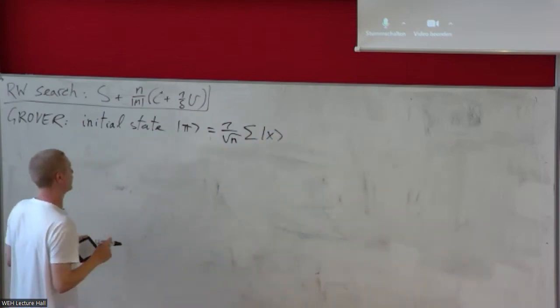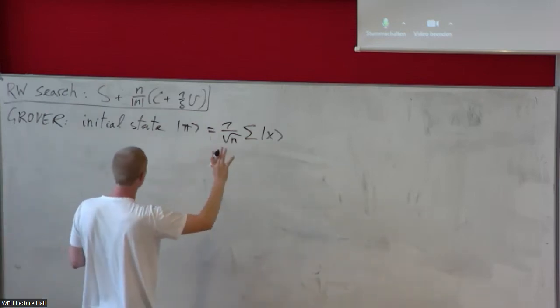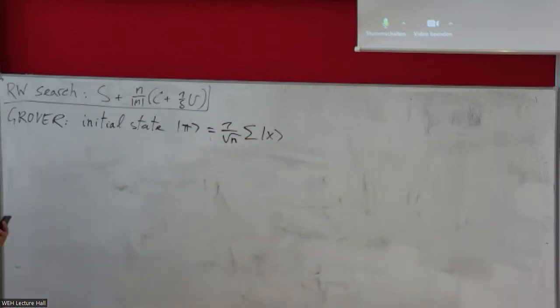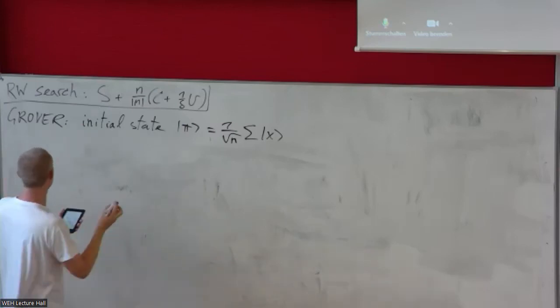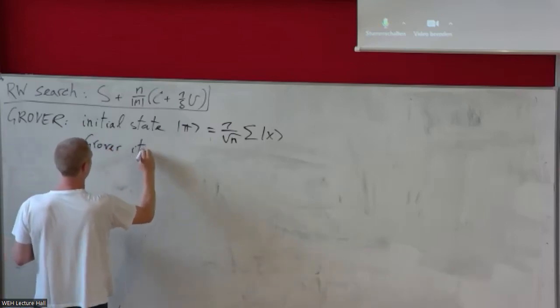So the initial state of Grover, with the search space of n elements, is the uniform superposition.